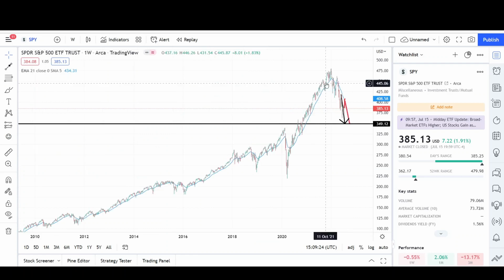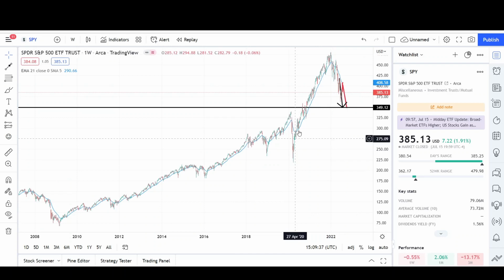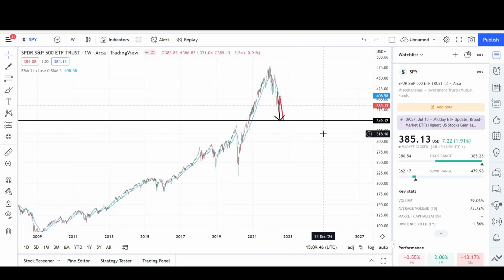You can see that we were moving at a nice angle since 2008, and then right around that crash in 2018, you can see that prices went more exponentially higher, and then the crash in 2020, we got even more exponentially higher. So you see the chart is kind of going parabolic, so they might not let this crash play out all the way. We might see another large exponential move up after this correction plays out.